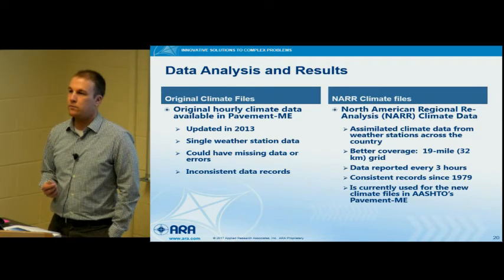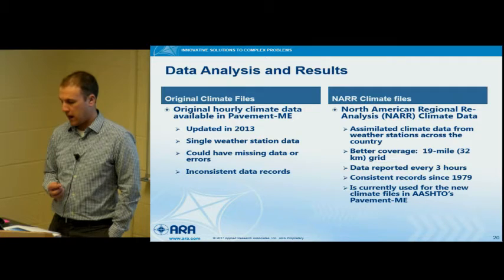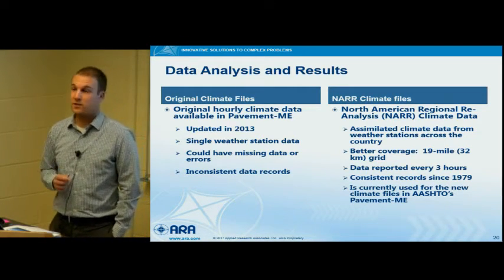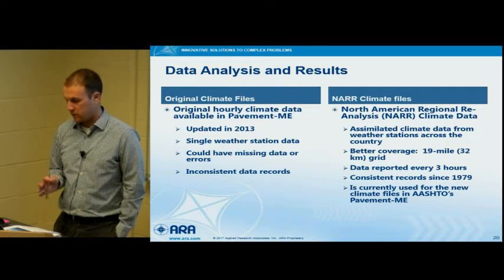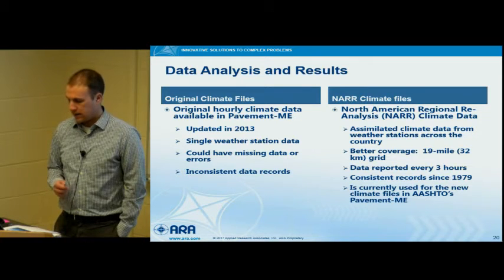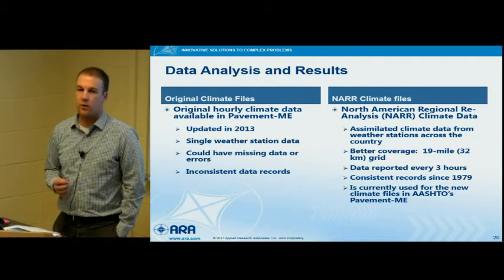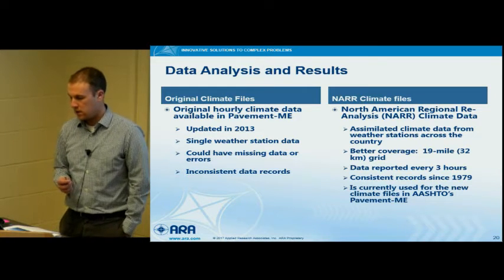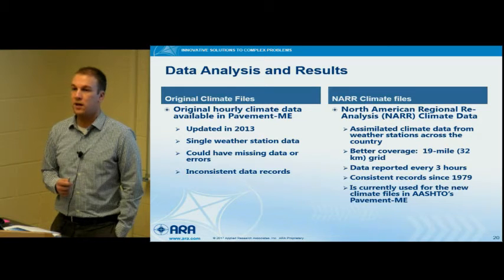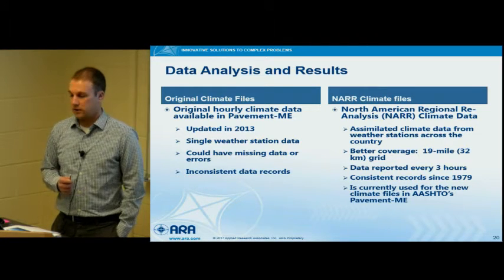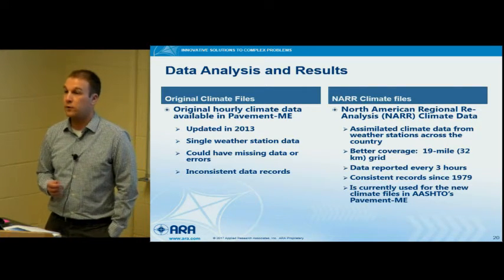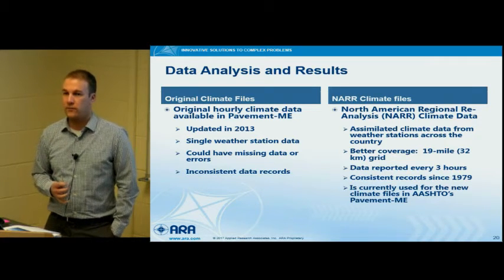It's about a 19 by 19 mile grid, and it covers all of North America, which is very useful for setting up a virtual station anywhere you want, especially if you want to look at historical hourly climate data. The data is reported every 3 hours, so to get hourly, we use an interpolation process. And a great thing about it is there are consistent data records from 1979 to present. That's 36 years currently that we use for these data sets.